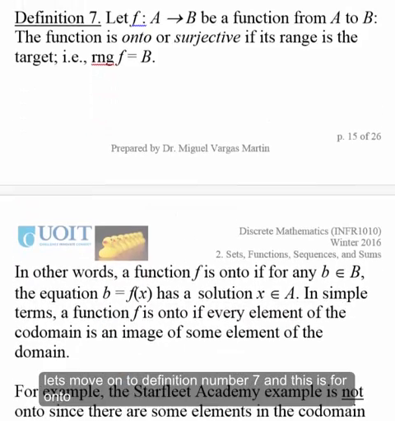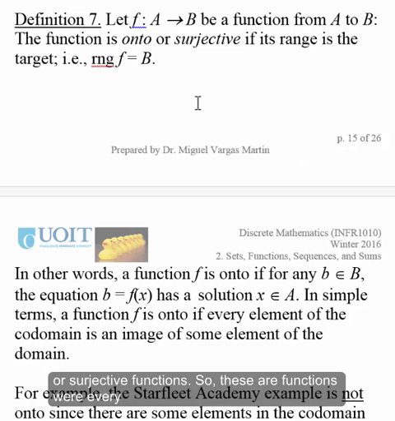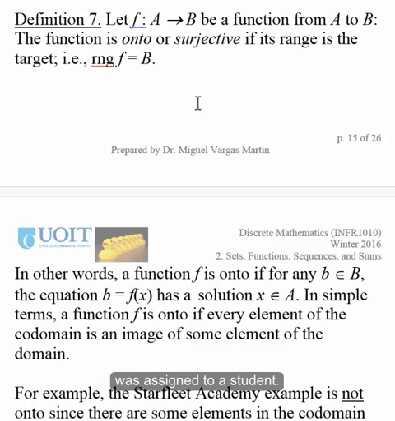But for now, let's move on to definition number 7, and this is for onto or surjective functions. So those are functions where, if we go back to our Starfleet Academy example, every possible grade was assigned to a student. Okay? In our example, we had that nobody failed.